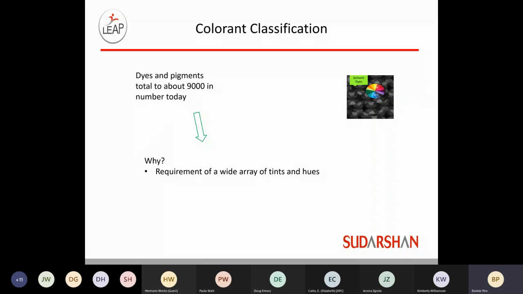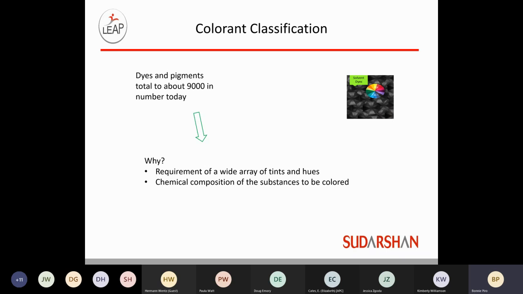Just take a look around your store shelves, your home, the car lots. There are a lot of different areas where there are requirements for a unique colorant of a particular hue and tint.